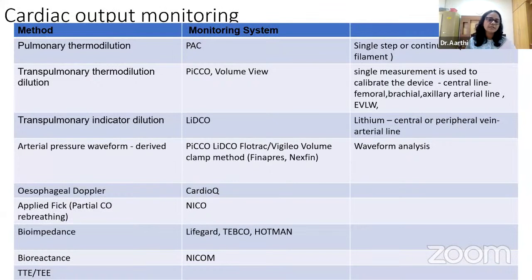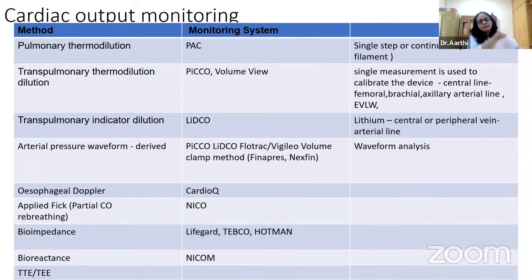The other method of assessing cardiac output is the transpulmonary indicator dilution technique, where we use lithium as an indicator, where a central access or a peripheral vein can be used, and the monitor is attached to the arterial line, and the changes in the indicator concentration derive the cardiac output.